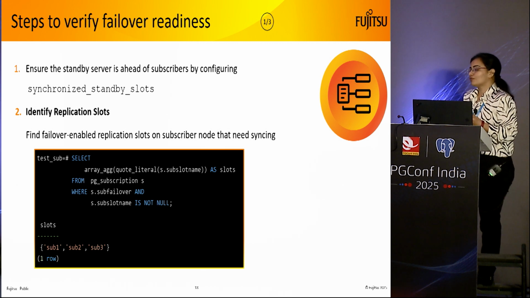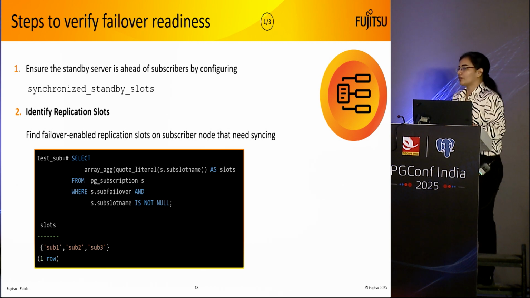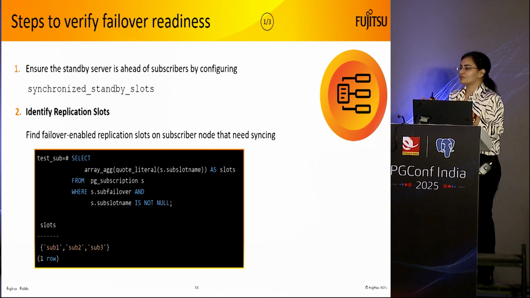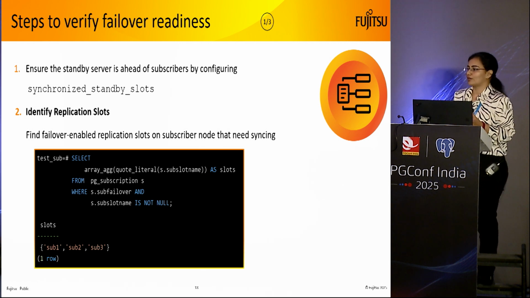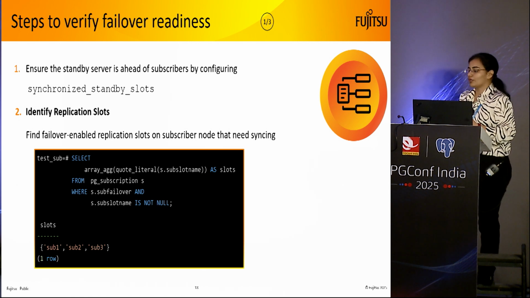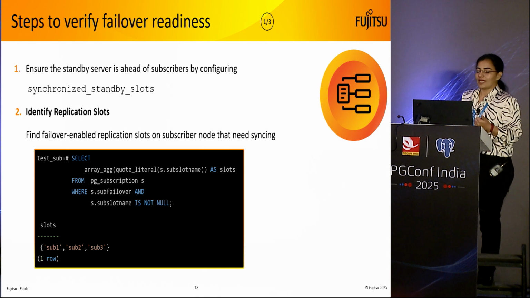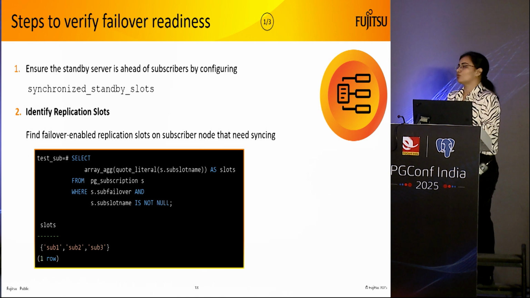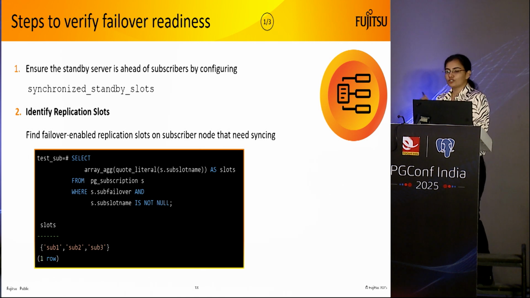This helps if you are planning a manual switchover and you have set logical slots for failover, and before you promote your standby node to new primary, you want to make sure that all the slots which I require are there on standby node, so that no issue happens in logical replication resumption when failover happens. So, to do that, first thing first, you have to ensure that the standby node is not lagging from subscriber node. So, it should be in sync with this subscriber.